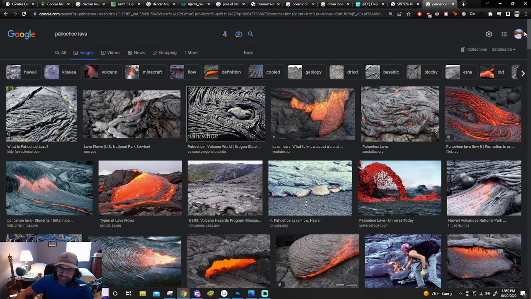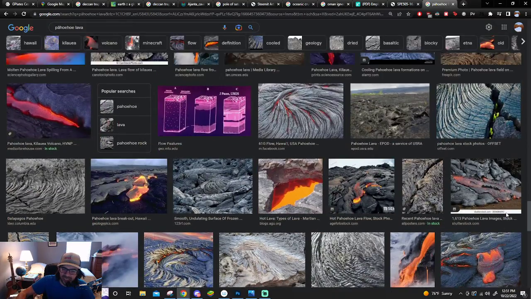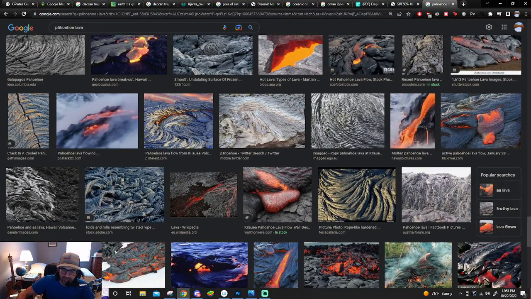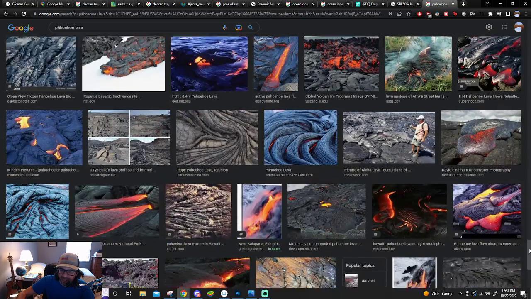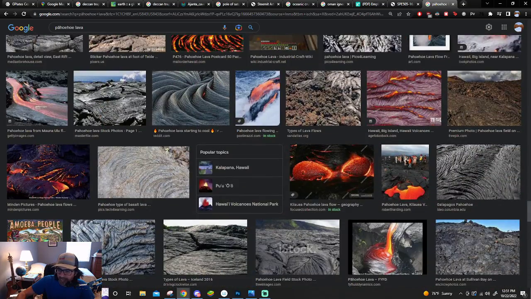That's interesting. In a way, it is drying out. It's cooling off, but it's also drying out. In a way.